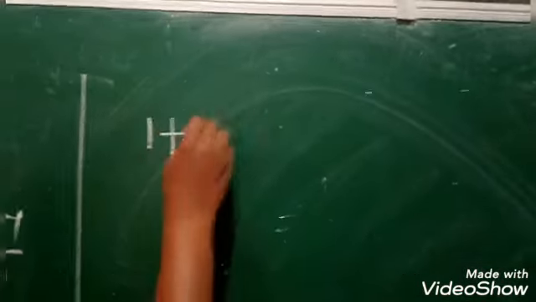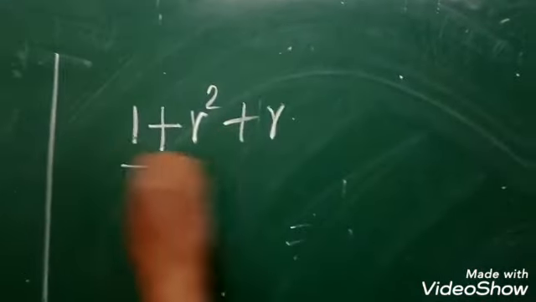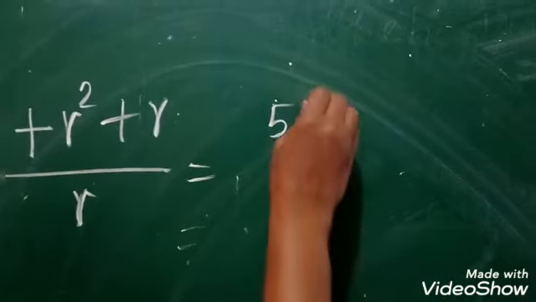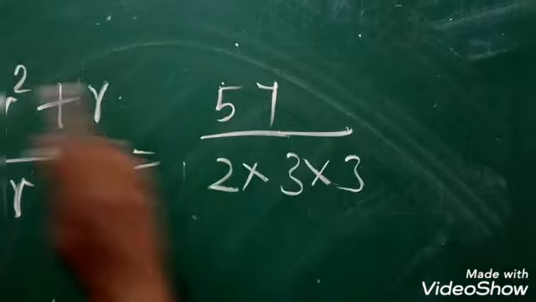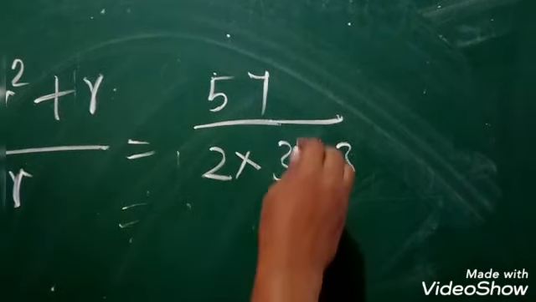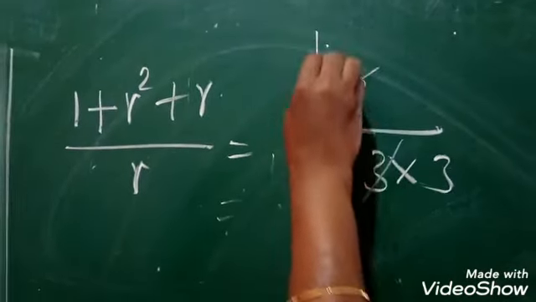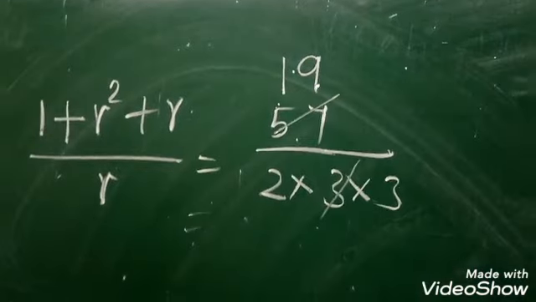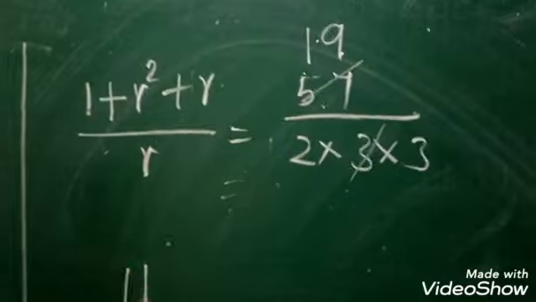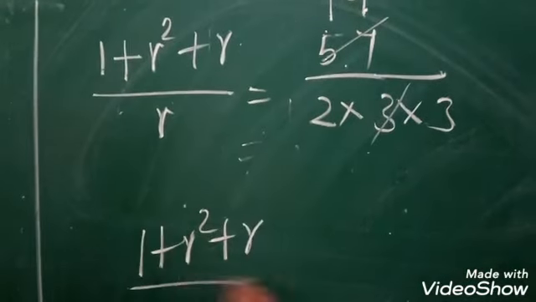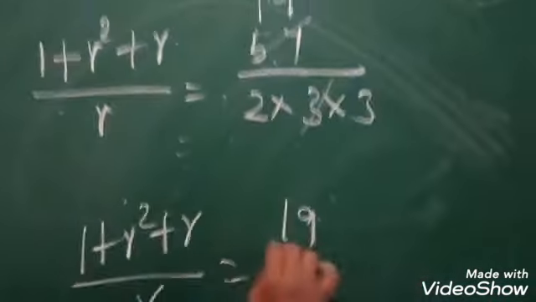The left hand side is 1 plus r squared plus r divided by r, equal to 57 divided by 2 into 3 into 3. Now you have to divide with the 3 table. 3 ones are 3, 9 threes are 27. The answer is 1 plus r squared plus r divided by r is equal to 19 by 6.